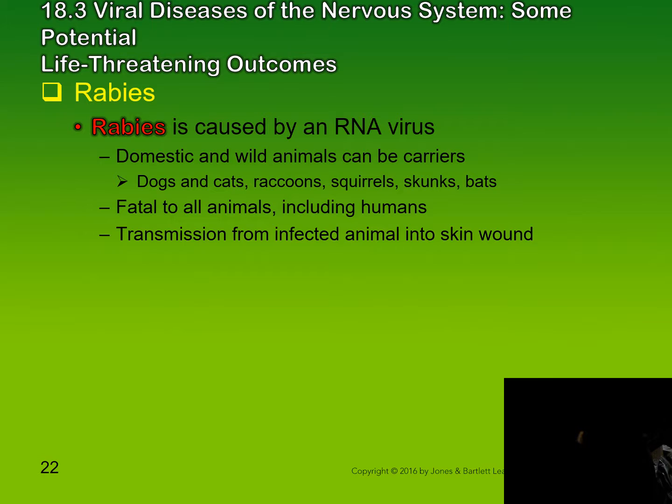The transmission is from an infected animal to a person or to another animal through a skin wound. Saliva and other body fluids are the most affected with the virus.